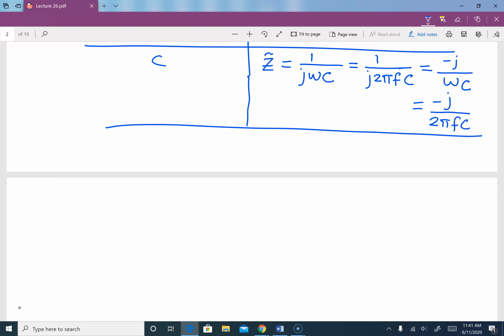So now, since our impedance is a phasor quantity, which is a complex number, it can be represented as R plus or minus Jx.